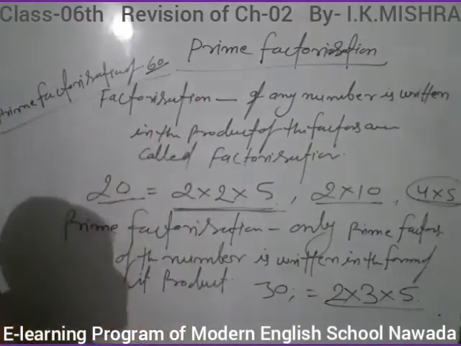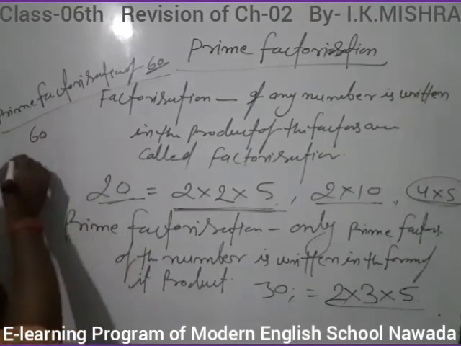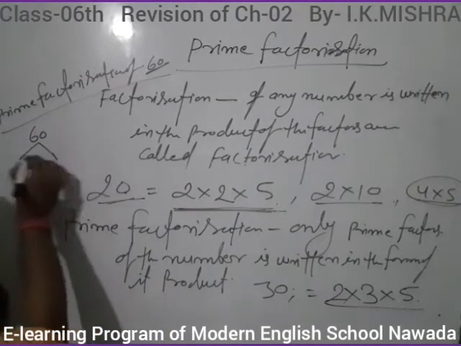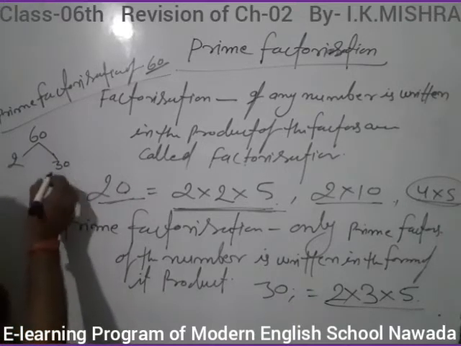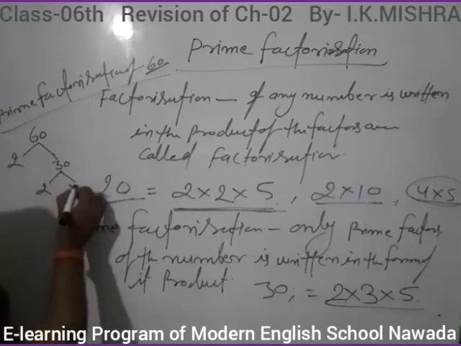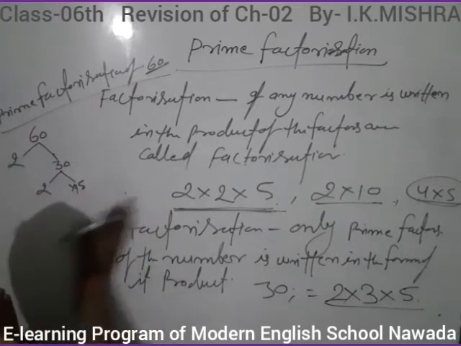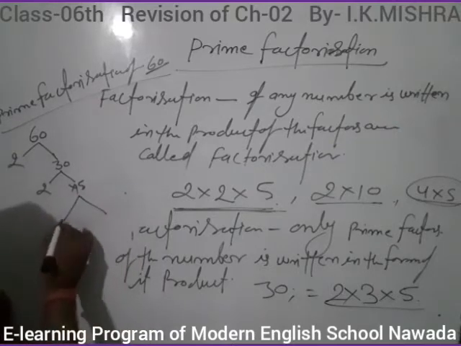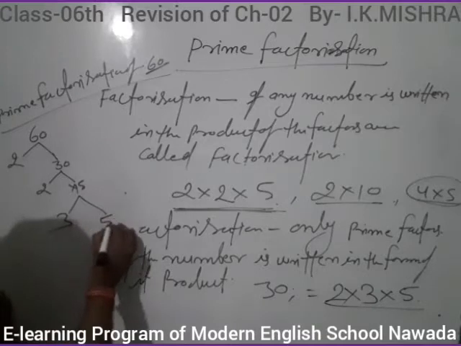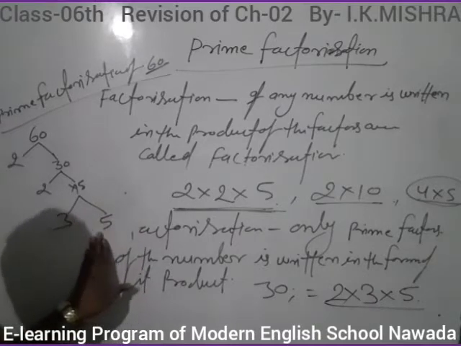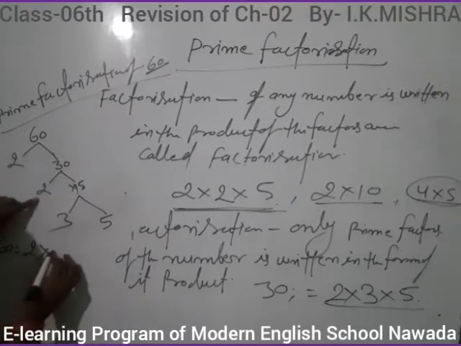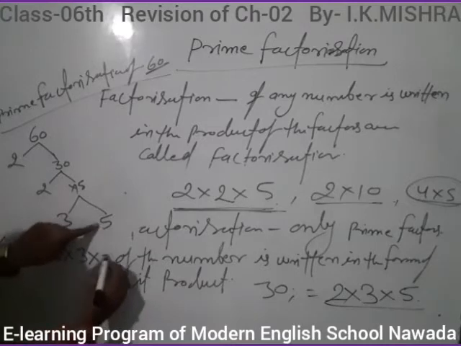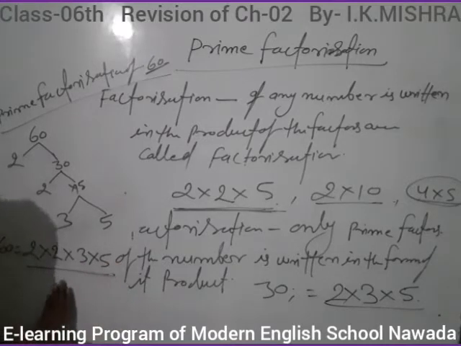First of all, divide by 2, and when you divide 60 by 2 you get 30. 30 also can be written as 2 into 15, and here 15 can be divided by 3, and 5 is divided by only 5. So you can write here 60 equal to 2 into 2 into 3 into 5. So it will be the prime factorization of 60.